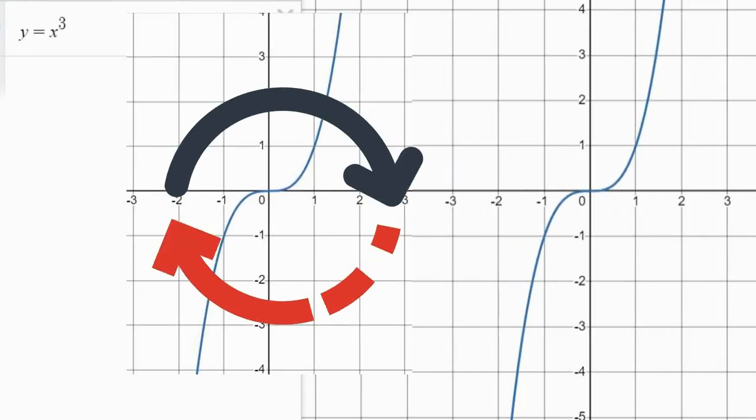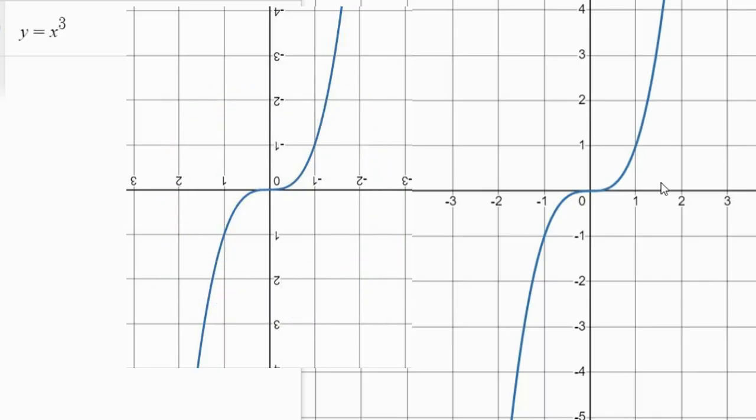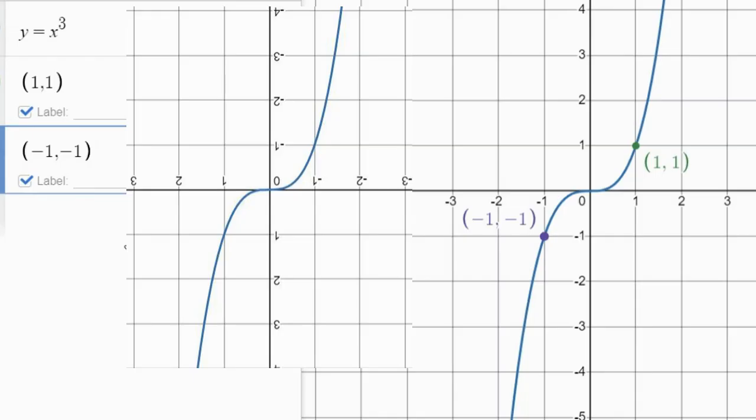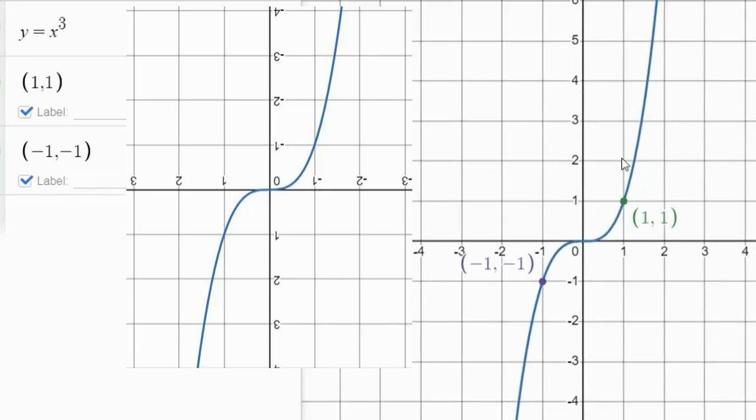Right? We can turn that upside down and it's still going to look exactly the same. And we can tell that because every point you can find here, like 1, 1 is a point. That means -1, -1 is a point. That means it's 180 degree symmetry. That means everything you find over here, you find the exact same points over here, except they're negatives. So that is symmetric around the origin.